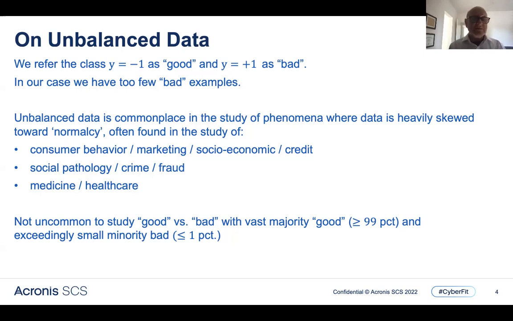In all those cases, unbalanced data is common. And it's not uncommon to study good versus bad, where the majority of good consists of more than 99% of the records, and an exceedingly small minority are bad, less than 1%. In fact, we'll show that in our case, the situation just described, where more than 99% of the data is good and less than 1% of data is bad, is in fact very, very common.